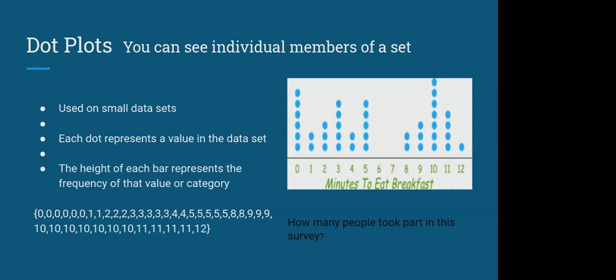Well, you could figure that out if you had a dot plot, because you clearly see how many people take 11 minutes. And then you can answer this question down here. How many people actually took the survey? Okay, it is clear. So that's the beauty of the dot plot. You can see the individual members of the set.